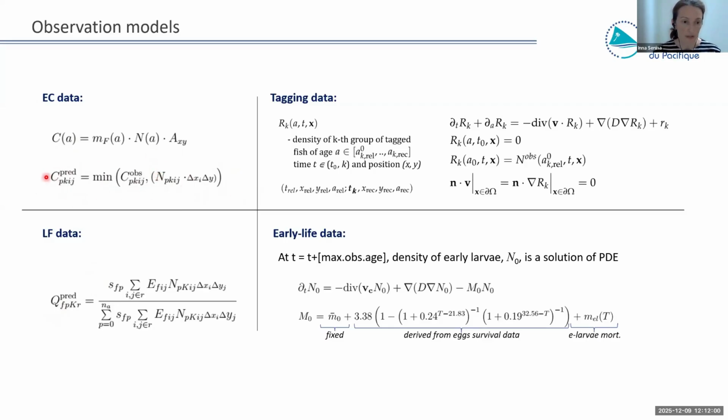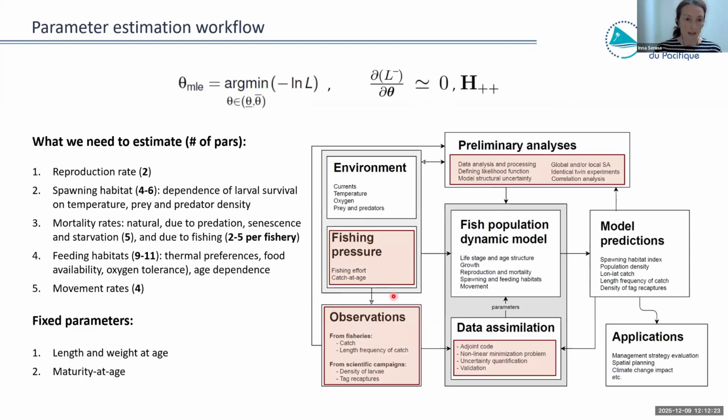It only provides information to the model when there is not enough density locally. For tagging data and early life data it is not that easy. We need to solve additional equations to observe tagging or early larvae. I will not go into details because I feel that I will not have enough time.